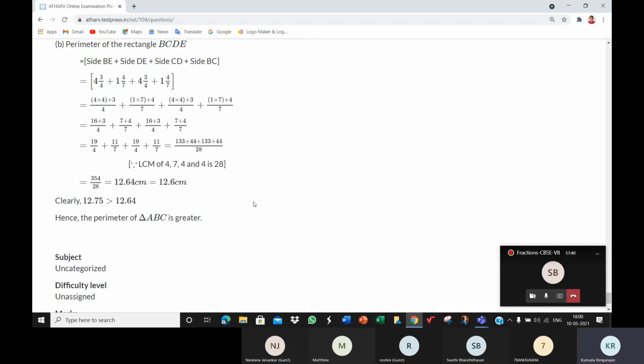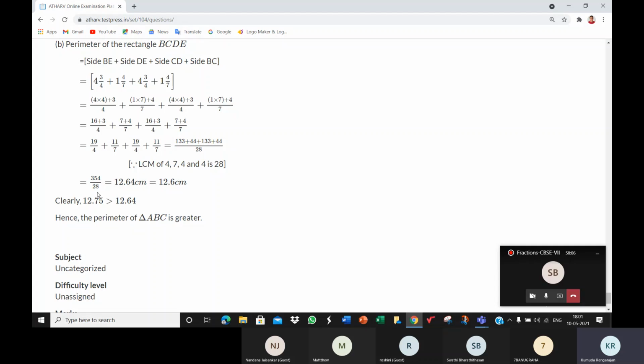Okay, so I'm saying when you simplify 354 by 28, we get 177 by 14. Now, we don't know if 177 by 14 is in the simplest form. So what we do, we take up the denominator because that is small, 14. And we know that 14 happens only in 2 and 7 tables.